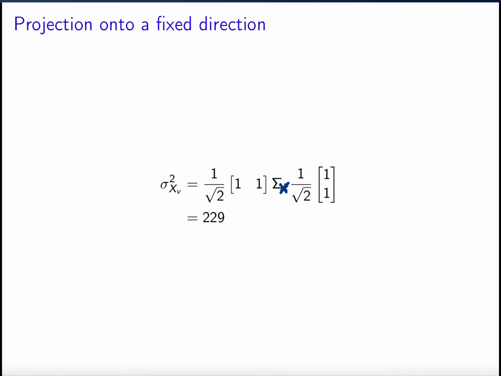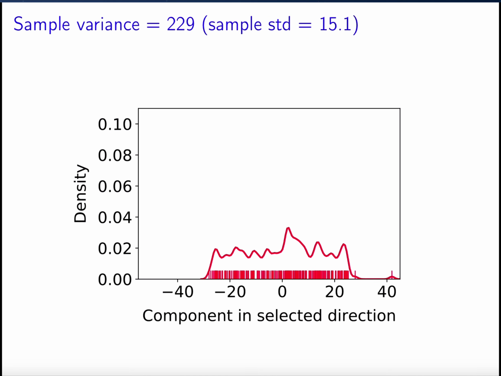Again, the take-home lesson here is that the sample covariance matrix automatically gives you the sample variance in every direction of this d-dimensional space when you have d-dimensional data points. In the case of the Canadian cities, d is just equal to 2 so that we can visualize things better. So we just confirmed that if you take the sample variance of these points, you get 229, which is the same thing you get from the sample covariance matrix.